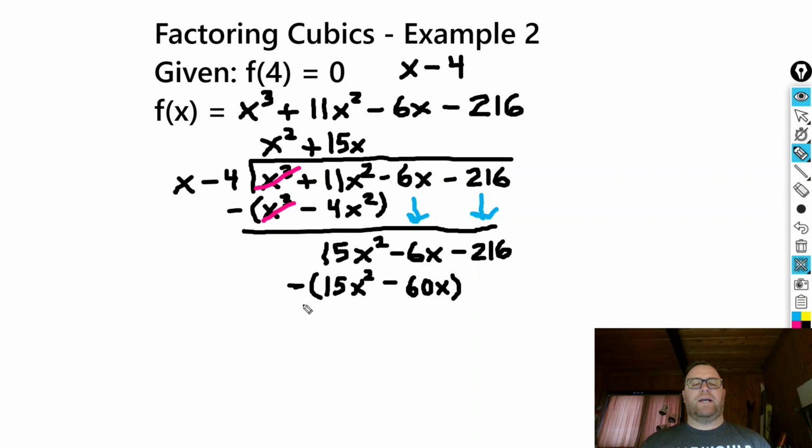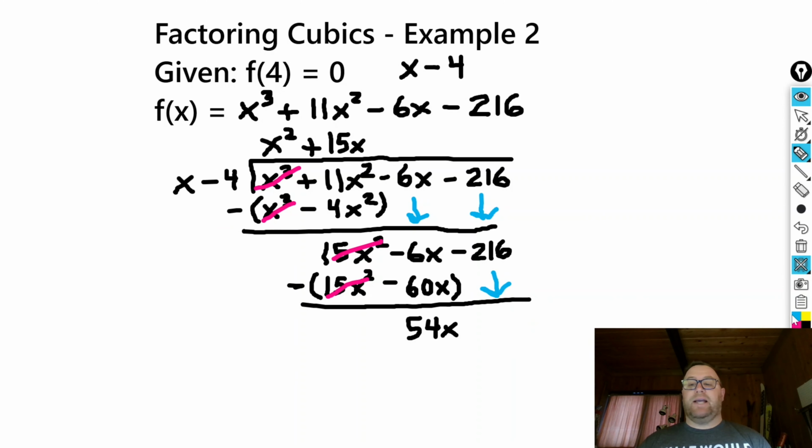Okay, and we'll subtract this. Okay, the 15x squareds will cancel out. Now, negative 6x minus a negative 60x is like negative 6x plus 60x. So that's going to be 54x. And we're going to bring down the minus 216.